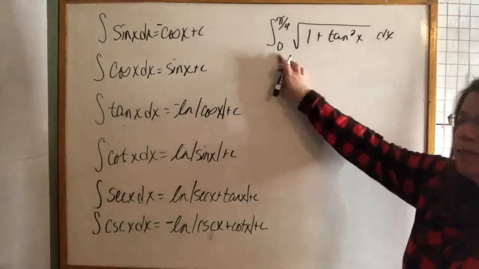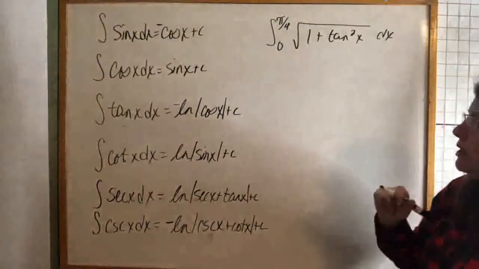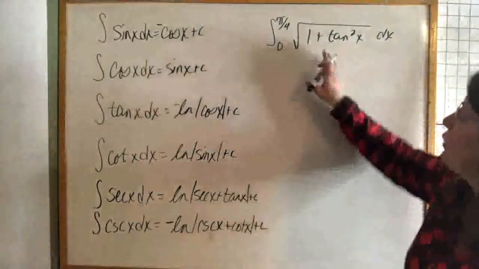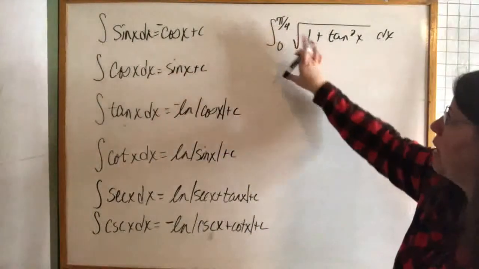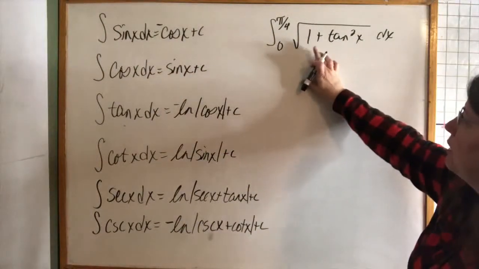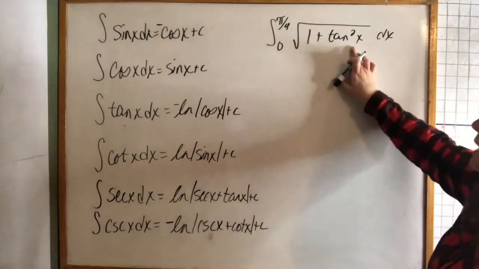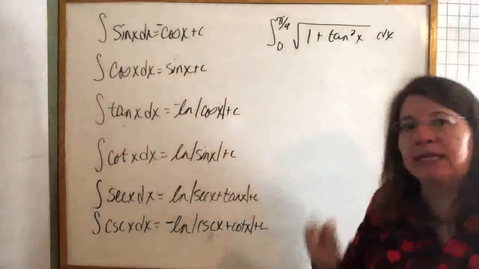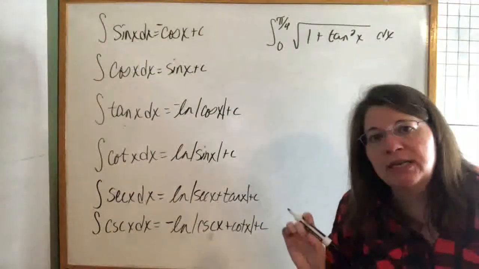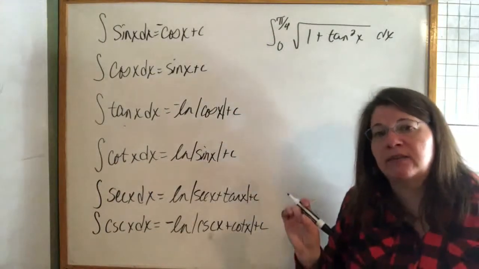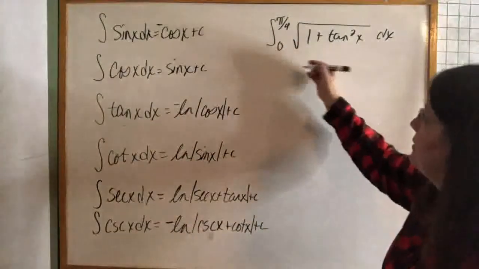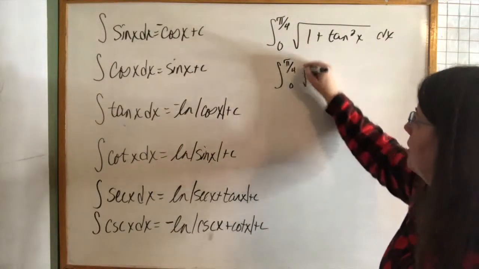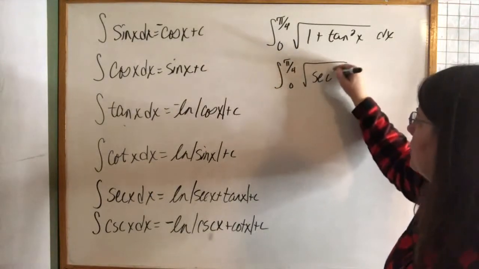So now I'm going to do a definite integral involving a trig function. With this, you need to understand that if we're trying to find the antiderivative from 0 to pi over 4 of the square root of 1 plus tangent squared x dx, you need to recall that this is one of your trig identities. Remember, 1 plus tangent squared x is secant squared x. So I can replace what's underneath the radical sign there with secant squared x.